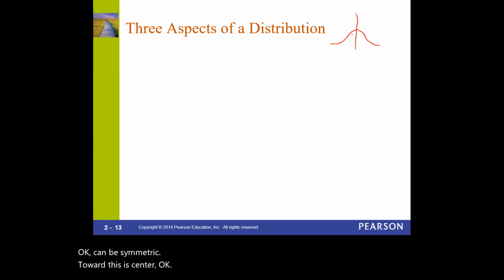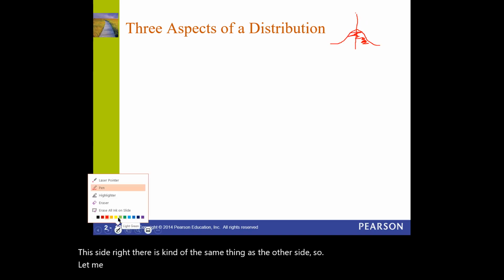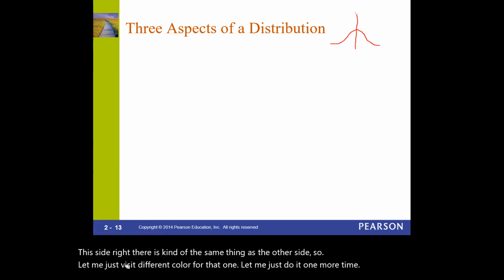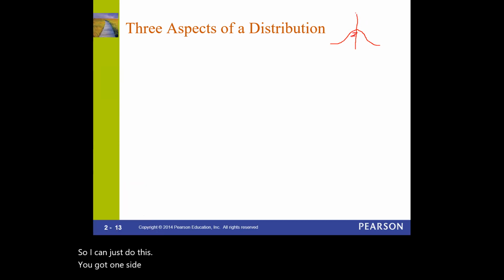So that means this side right here is kind of the same thing as the other side. So you got one side, that side. The left side is kind of repeated on the right side.